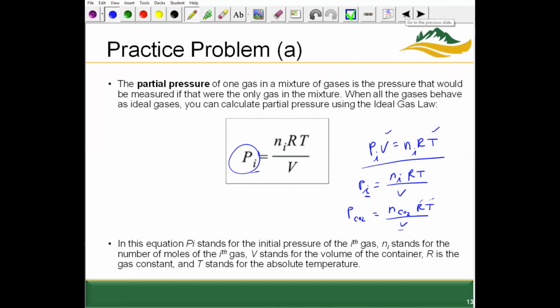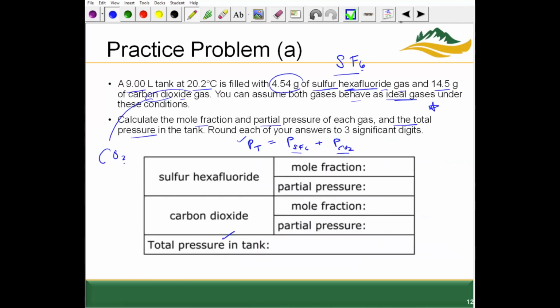Well, as we can see from this ideal gas law, we're going to need the number of moles of sulfur hexafluoride and the number of moles of carbon dioxide. In our practice problem, we are given the grams of sulfur hexafluoride and the grams of carbon dioxide. From this, our very first step should be to convert these into moles of each.